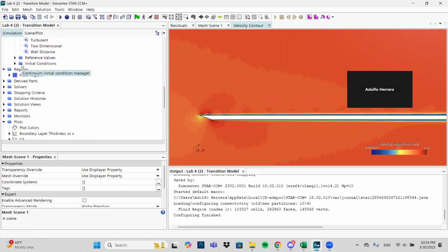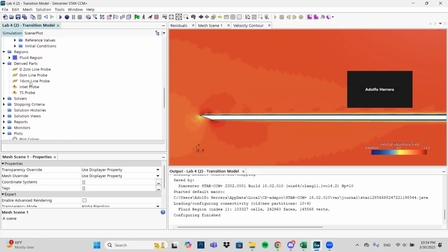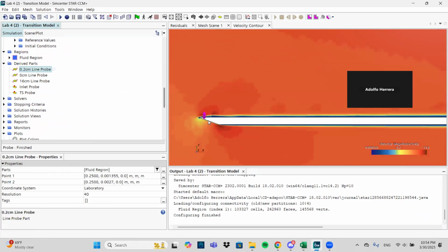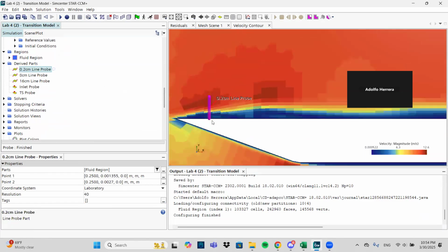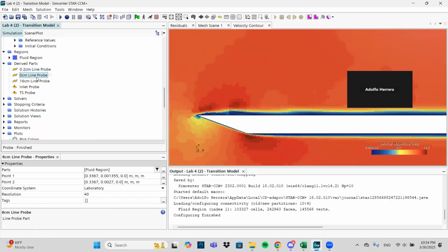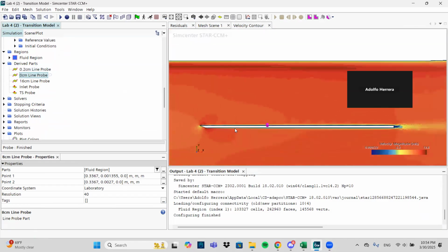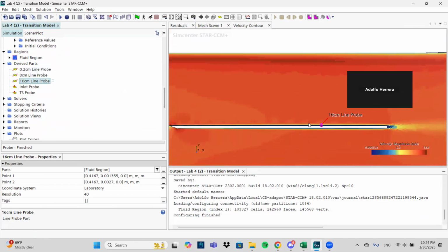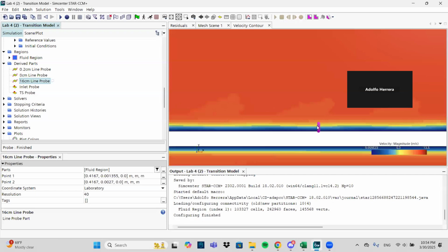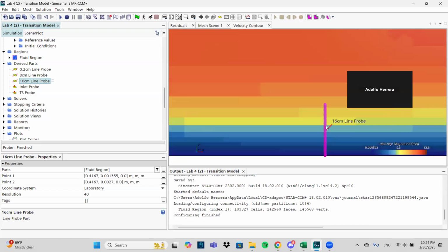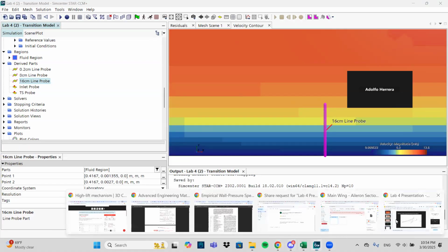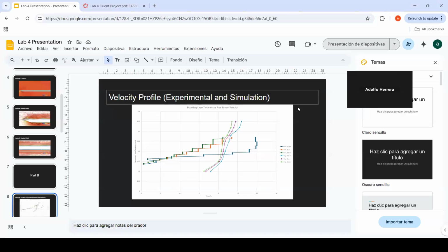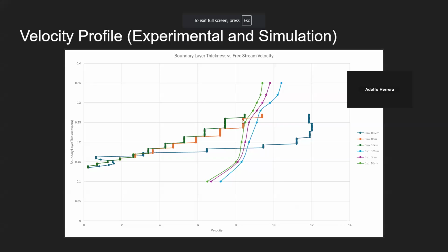If I go to the derived parts, you can see there's a line probe at the 0.2 centimeter line, another one at 8 centimeters, and another one at 16 centimeters. Because the size of some cells is bigger than the spacing of multiple of these probes, some of the probes measure the same velocity. That's why they look like this.